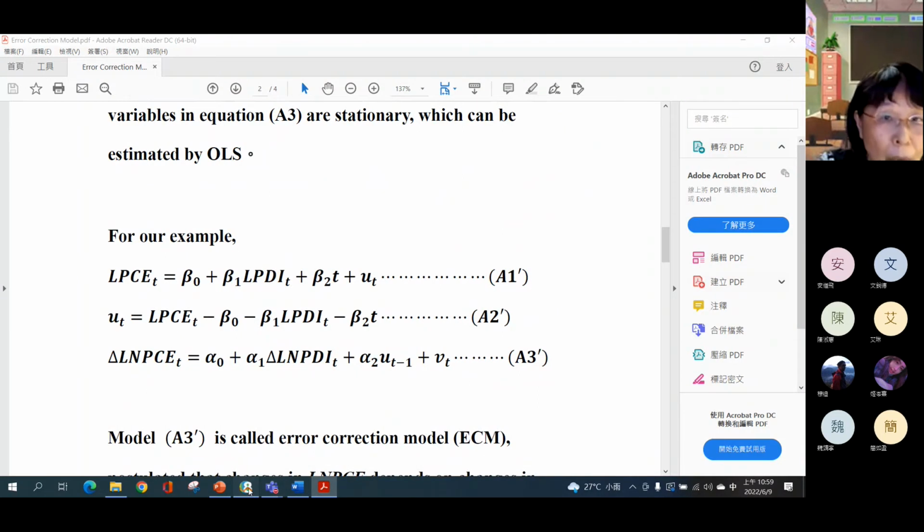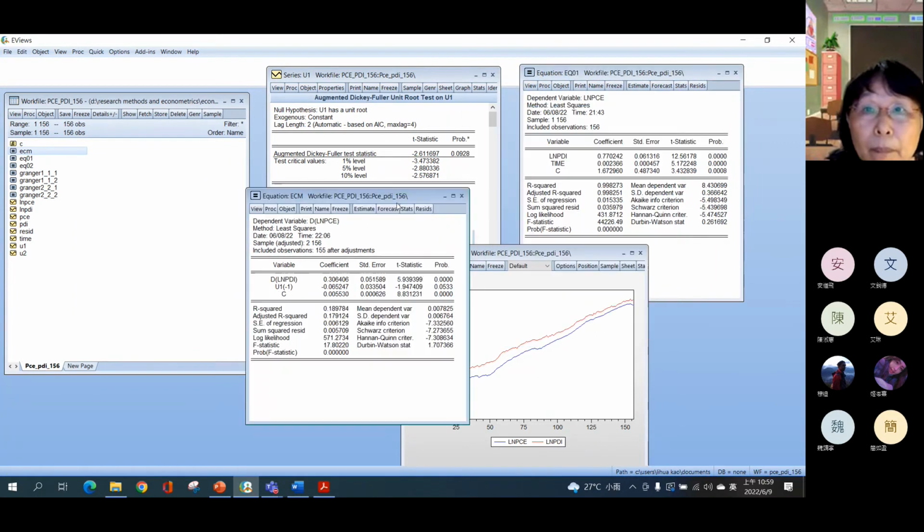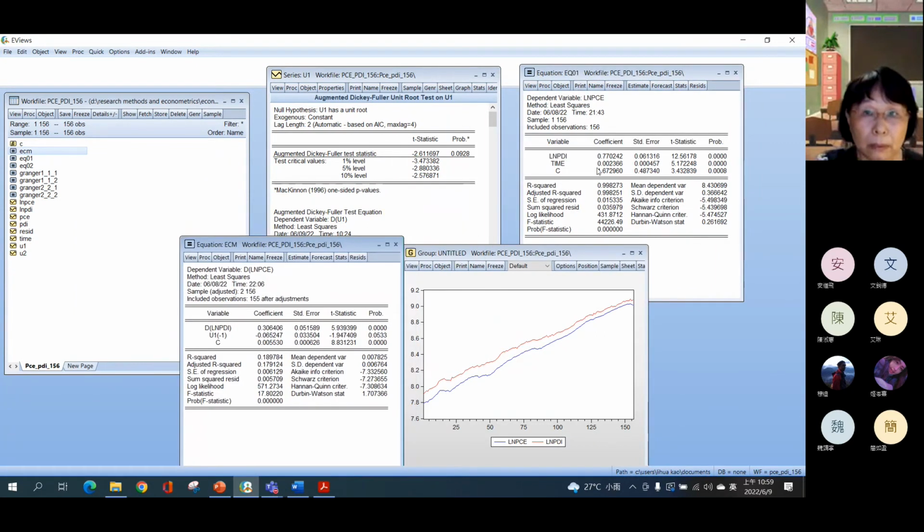So if I show our own result, 0.77 is here. Is this your question? Yeah, this is the equation. It means we have to run the individual regression first and then get the LPDI residual. Yes.